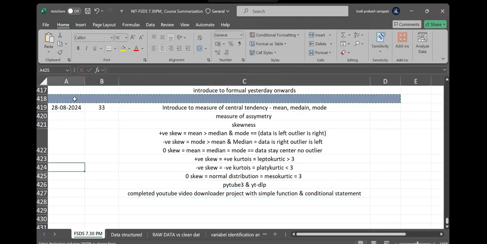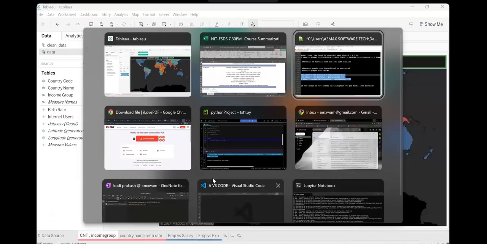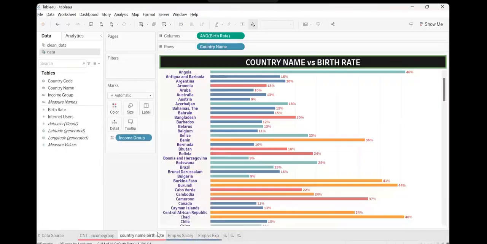Today's date is 29th. We will build the dashboards later, not right now.